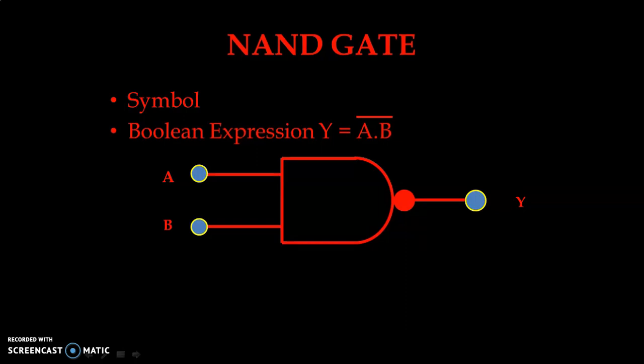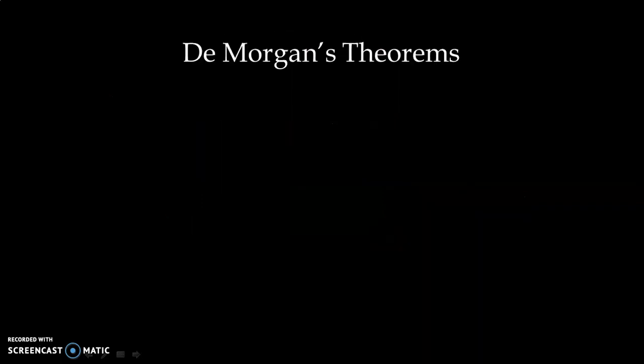One thing should be very clear: whatever input we give to the NAND gate, here we have given A and B, so we get at the output (A dot B) bar. But instead, if we give A bar and B bar as input, then we get (A bar dot B bar) whole bar. We will be using De Morgan's theorem also.